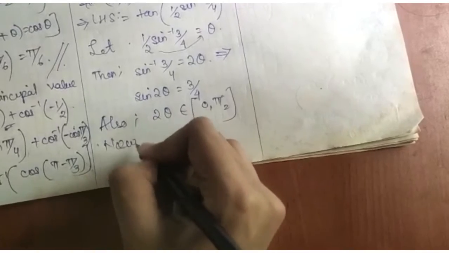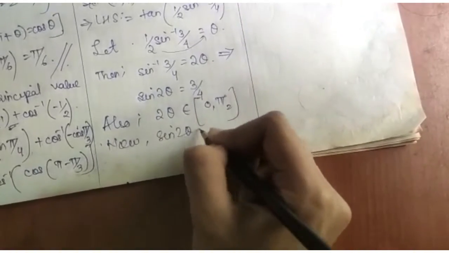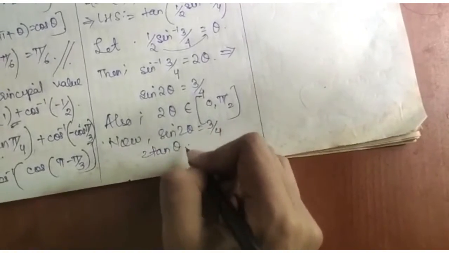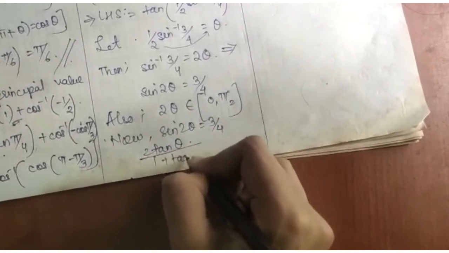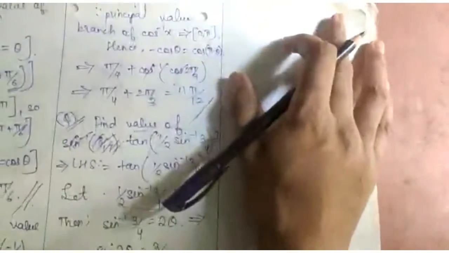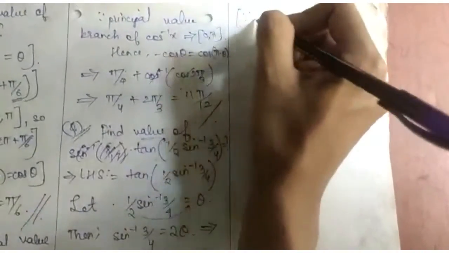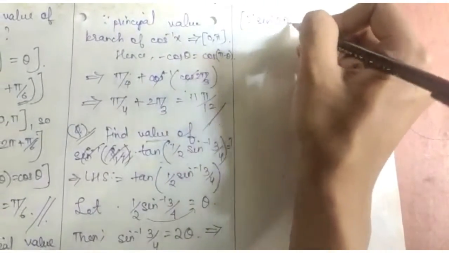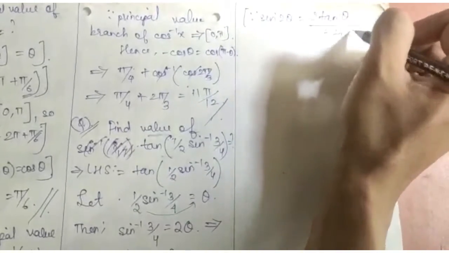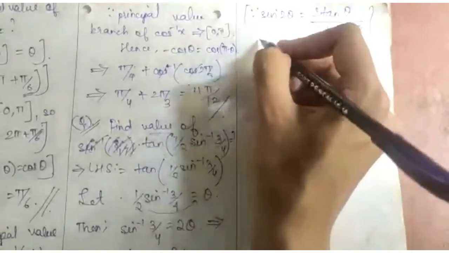Now since sine 2 theta is equal to 3 by 4, therefore 2 tan theta upon 1 plus tan square theta is equal to 3 by 4, because we know the formula of sine 2 theta is equal to 2 tan theta upon 1 plus tan square theta, which we substituted over there.